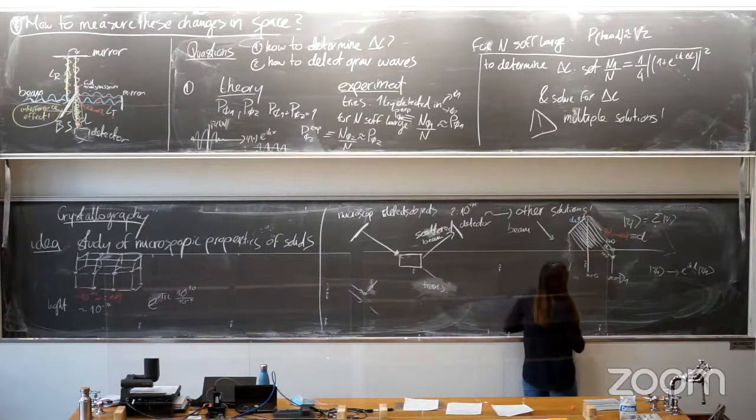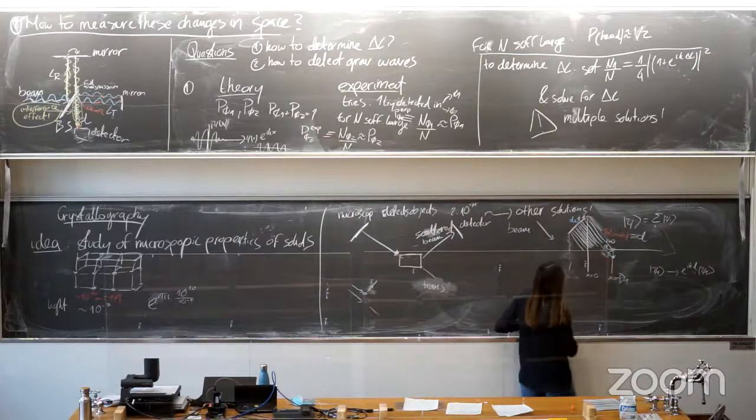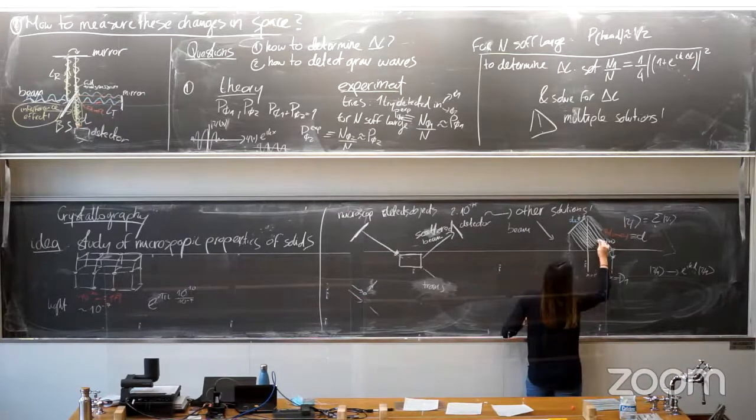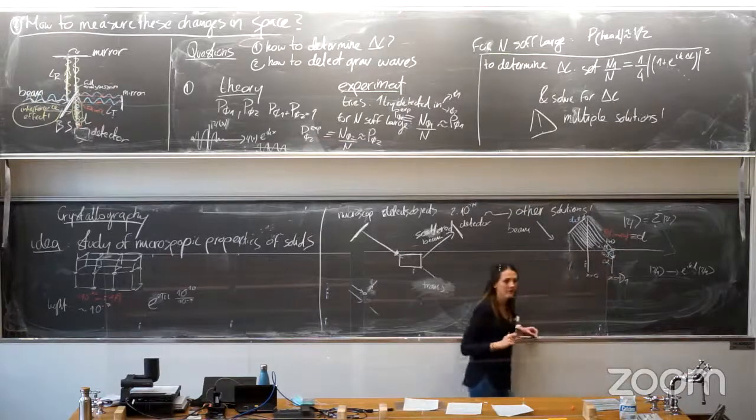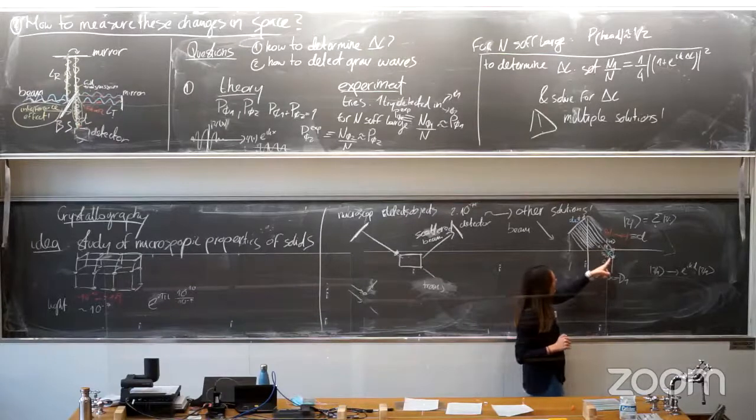If we draw here a 90-degree angle, this is exactly d. From here to here we have d. But here we have an additional delta d.